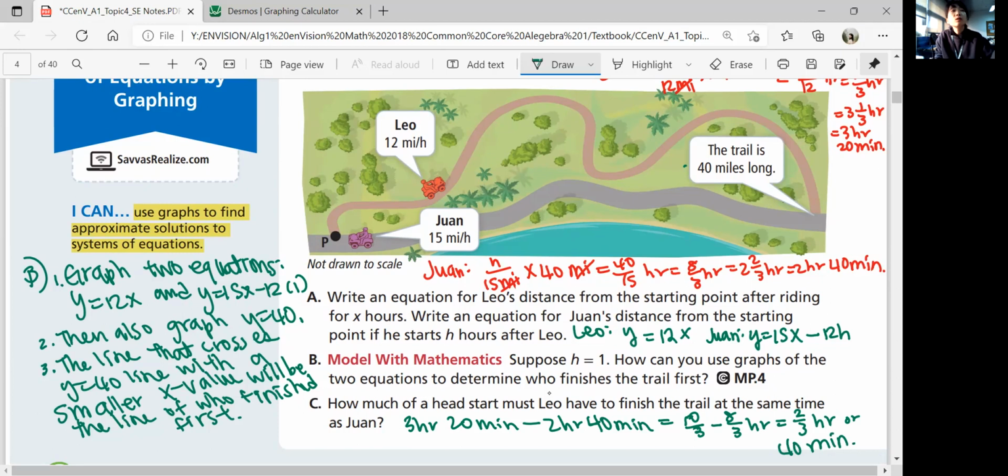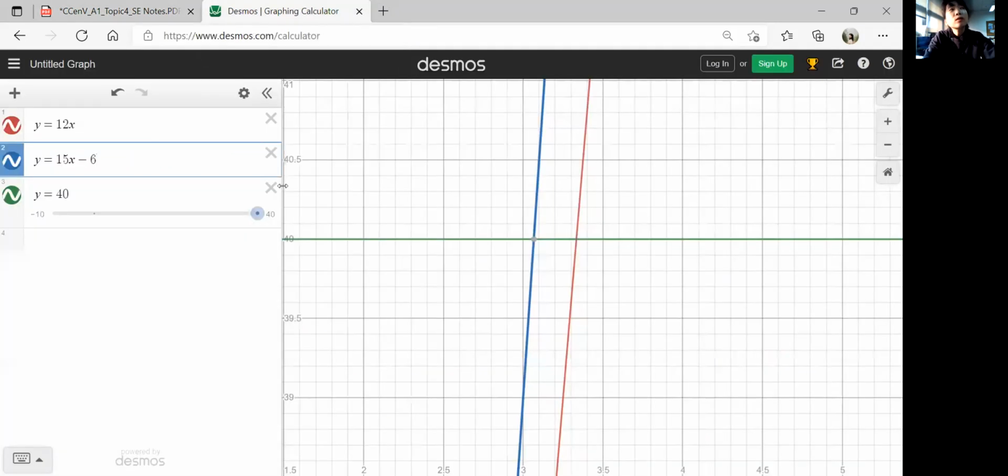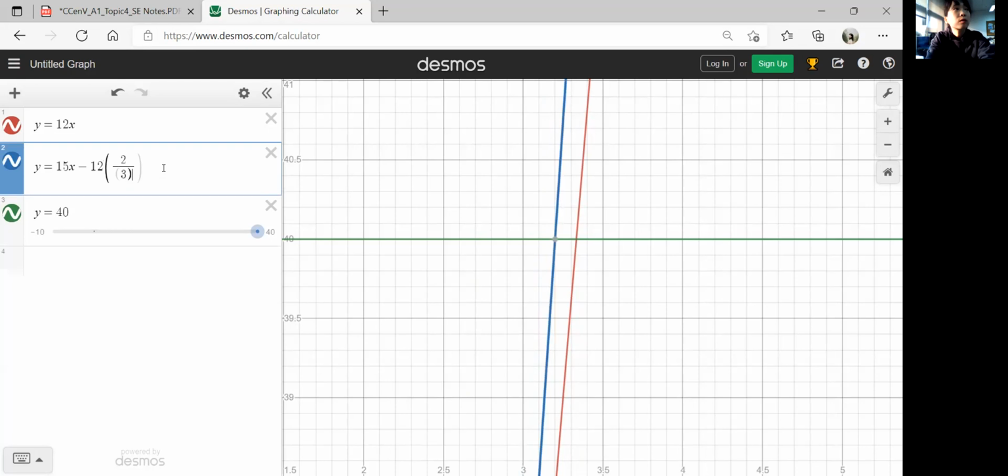Okay, so Leo has to get a head start of 40 minutes before Juan so that they finish at the same time. So 2 over 3 should be our hour. So 12 times 2 over 3 is going to be our equation.